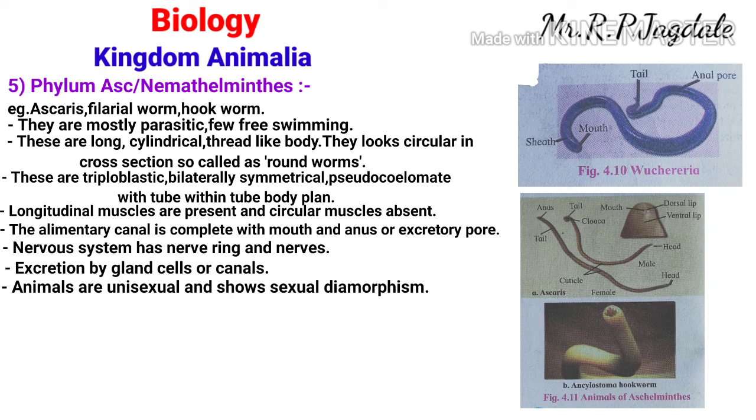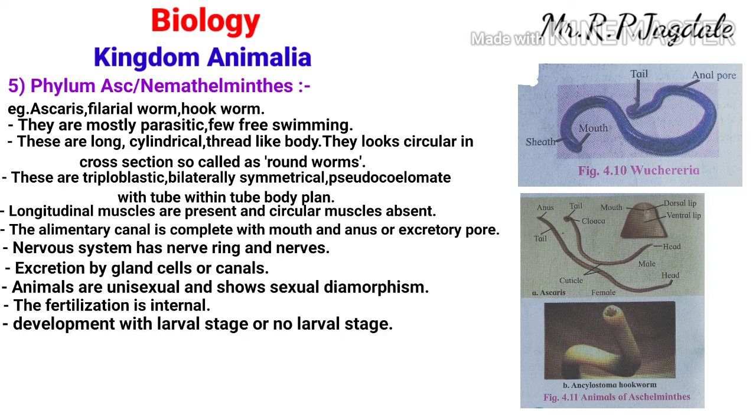The fertilization is internal. That means the male and female gametes fertilize inside the body of the organism. The development is direct or indirect, with larval stage or no larval stage.